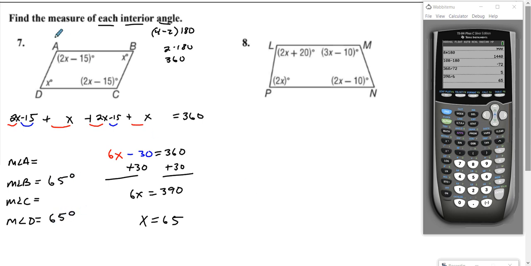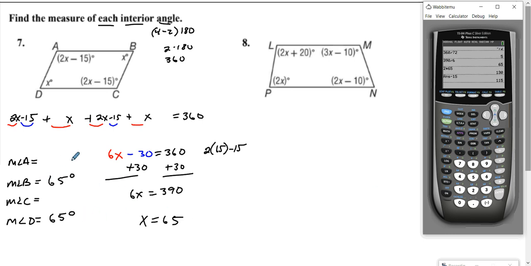Okay? These other 2, they're the same, but I need to plug that x in to figure out what it is. So 2 times 65 minus 15. So 2 times 65, I think, is 130, but let's make sure. 2 times 65 equals 130, and then subtract 15, and we get 115.